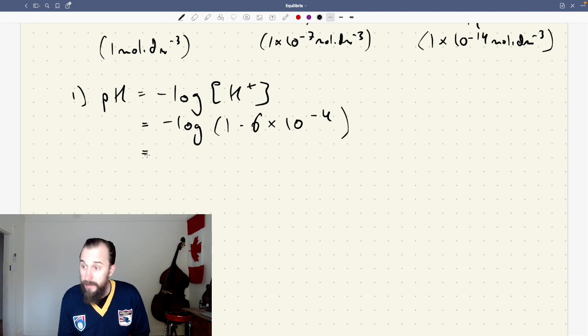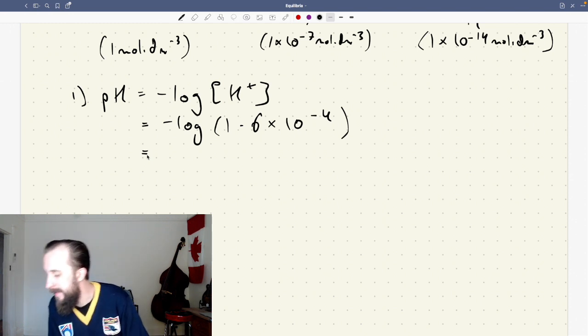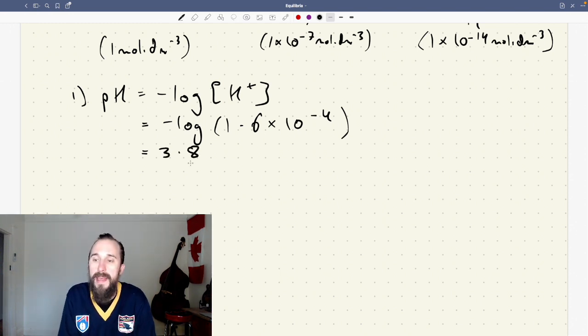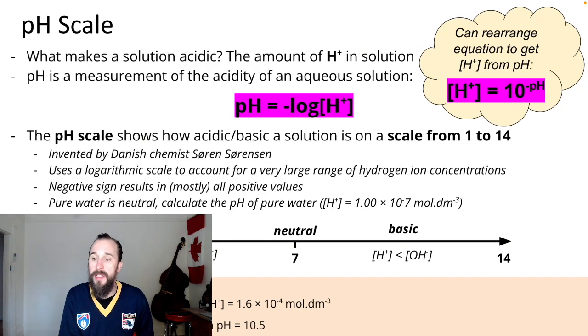Just plug it in the calculator. 1.6 times 10 to the minus 4 gives us a value of 3.7958. So 2 significant figures, let's say we've got a pH of 3.8 there. Let's ask ourselves what this means. It's less than 7, so that means we've got an acidic solution.